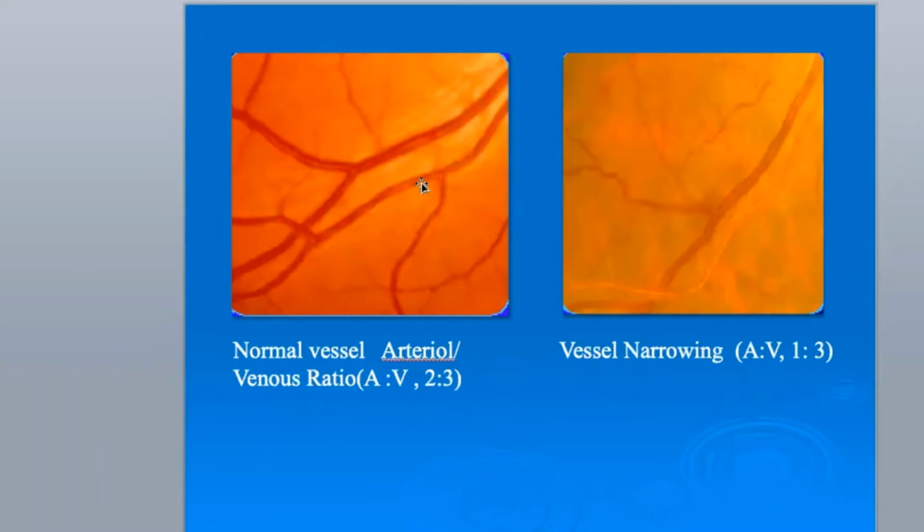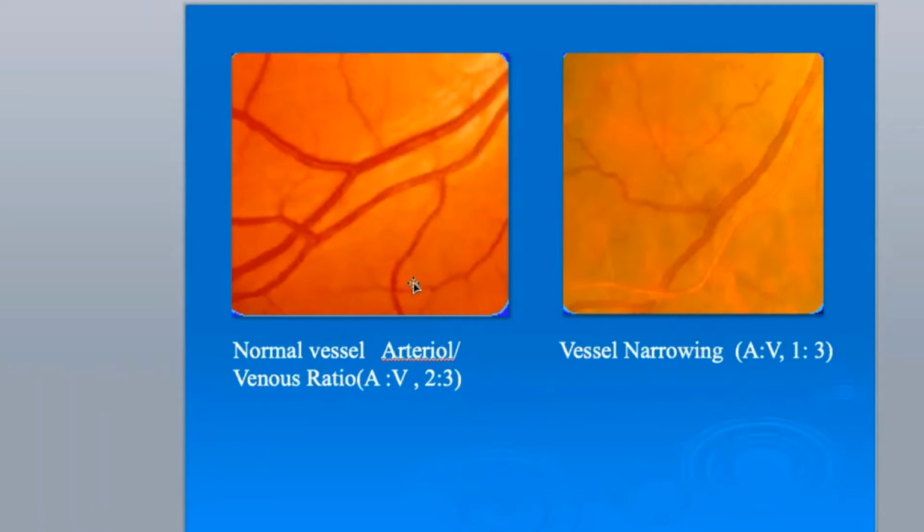So the artery should be smaller than the vein. Can you see this? The artery is sitting on top of the vein. Most of the time, the artery crosses over the vein in the retina. This is very important for hypertension. The position of the artery in relation to the vein is important for your hypertensive changes. So the normal eye ratio should be 2 to 3.